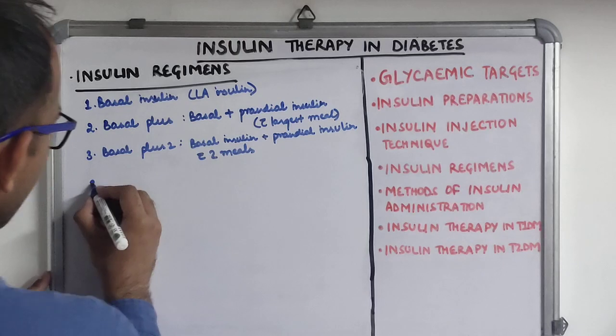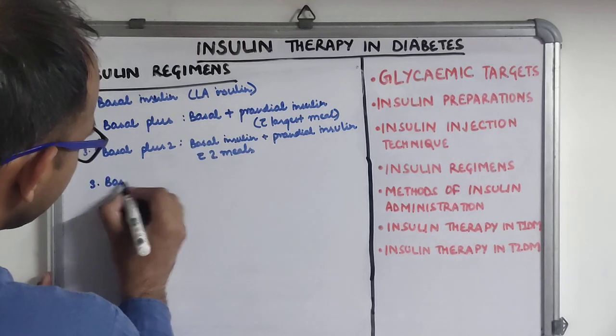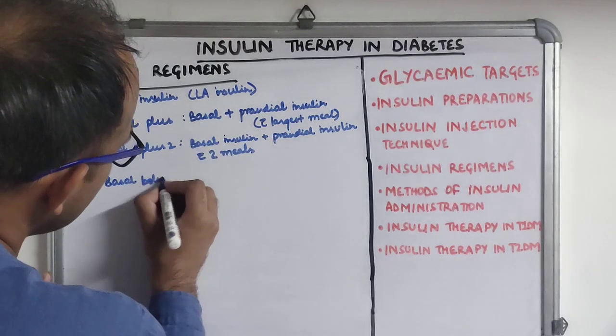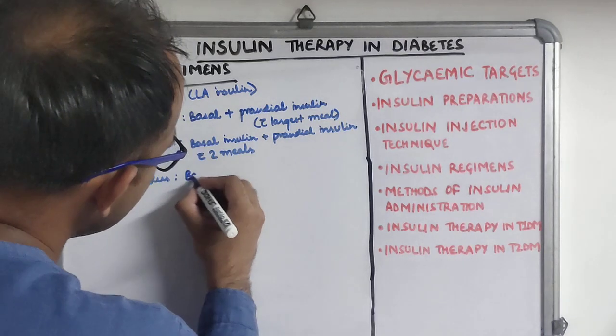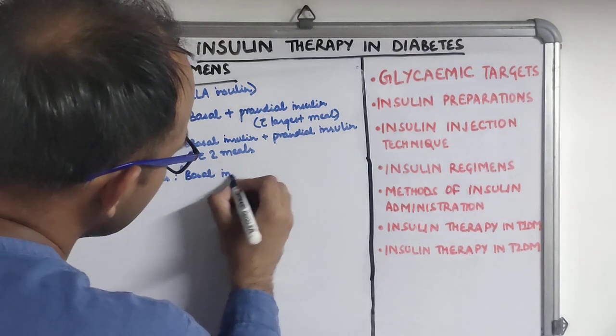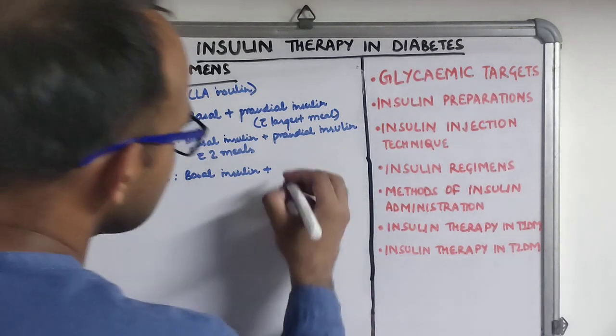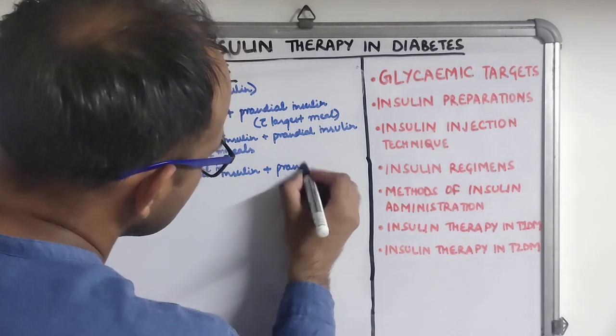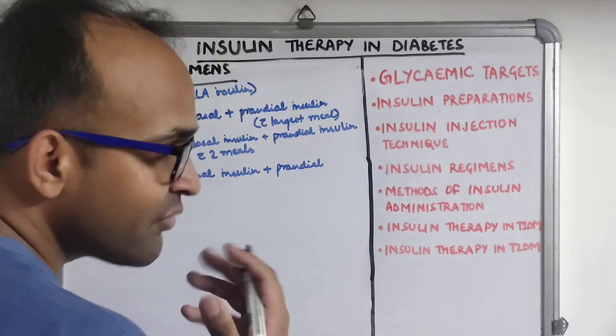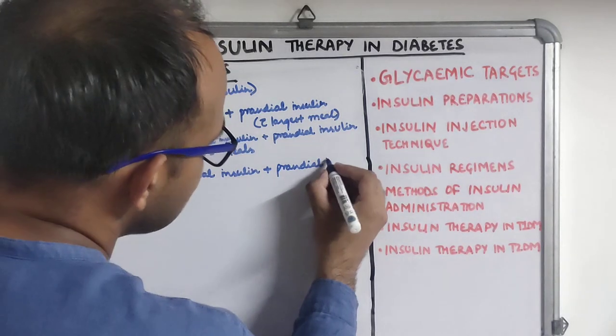And the third one is basal bolus. In basal bolus, again we give basal insulin plus prandial insulin with each of the 3 meals. So that means you have to give insulin 4 times a day.